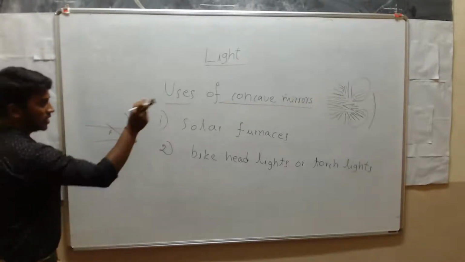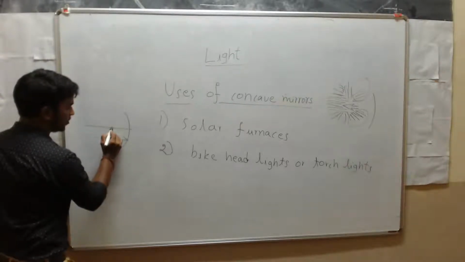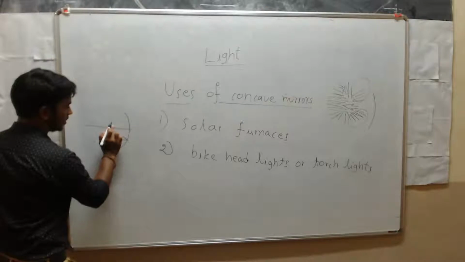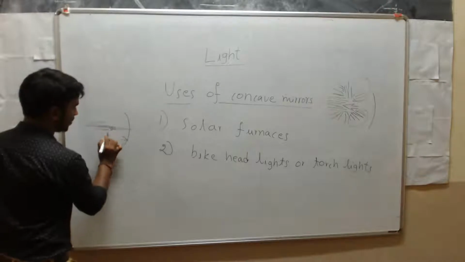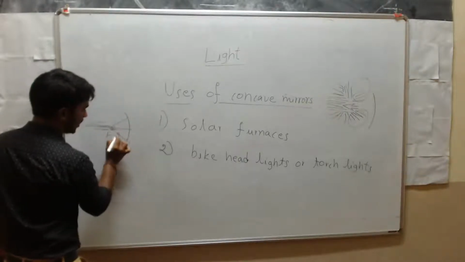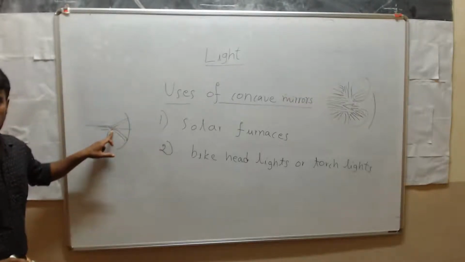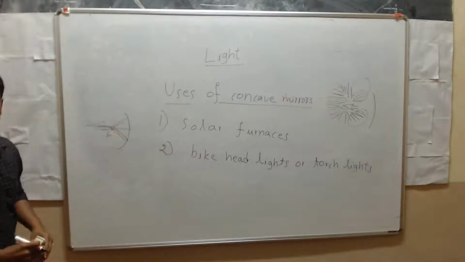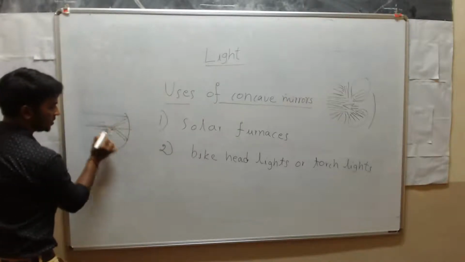So here if you keep that bulb at F, these rays will strike the concave mirror, because these rays are coming from F, the principal focus. After reflection, once again these rays are parallel to the principal axis.